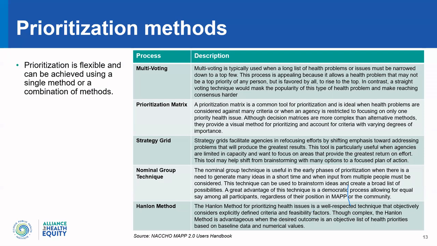So how do you prioritize health issues when working with your community partners and internally within your health systems and hospitals? This can be used to do that. This can also be used to prioritize strategies. So you can use it in both phases of your process, or one or the other.